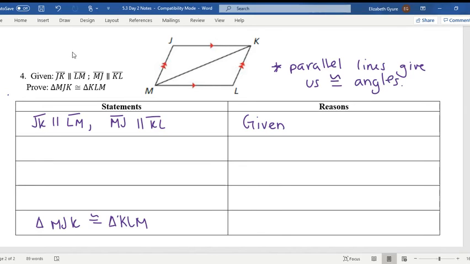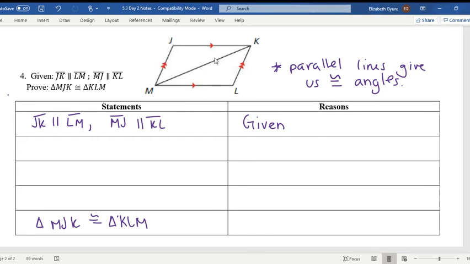So here it says the top is parallel to the bottom and the left is parallel to the right. Who can remind us in a picture like this, and just in general in these proofs, what type of angle relationship happens? Is it alternate interior, alternate exterior, corresponding, or same side interior? Yep, we're going to have alternate interior angles. Remember, that is your Z shape.